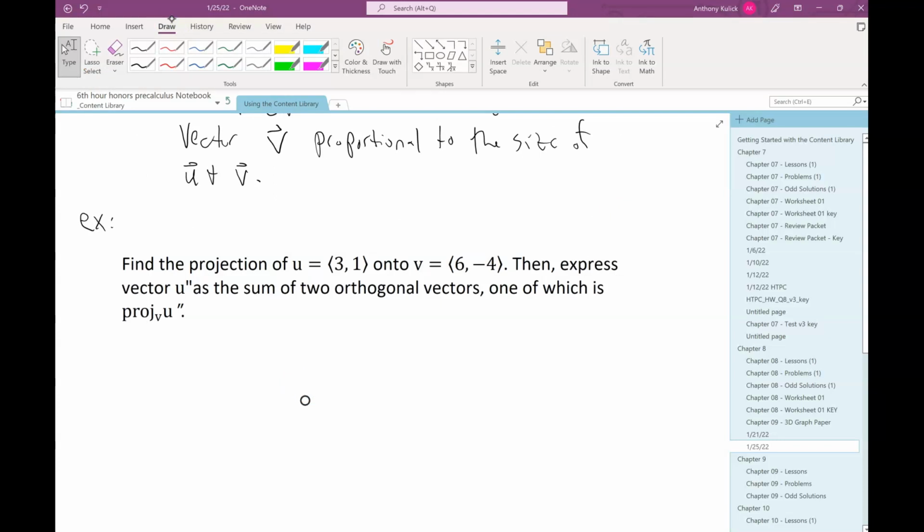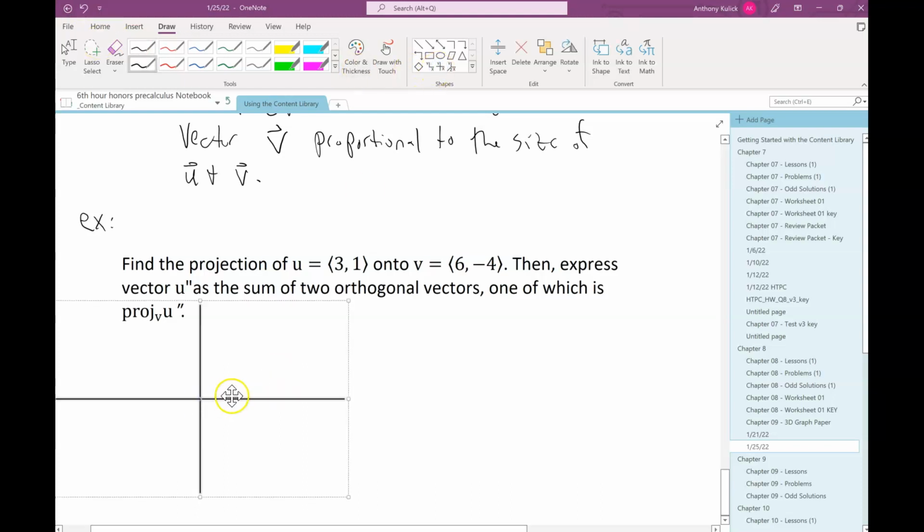So let's do a numeric example here. It says find the projection of u onto v. Express that vector u as the sum of two orthogonal vectors, one of which is the projection of u onto v. So I'm just going to start with drawing a picture.